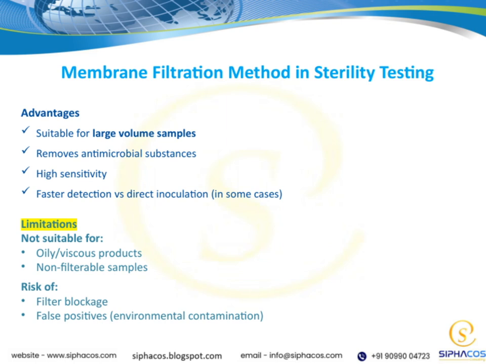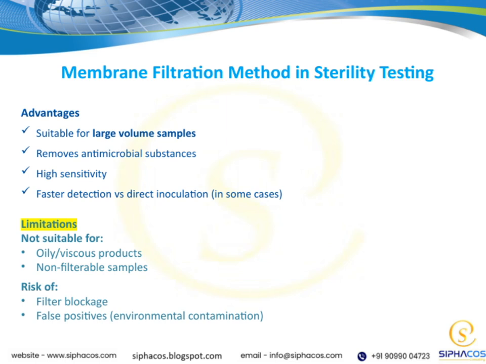It also effectively removes antimicrobial substances that might otherwise interfere with the detection process. Another key benefit is its high sensitivity, meaning it's very good at detecting even small numbers of microorganisms.